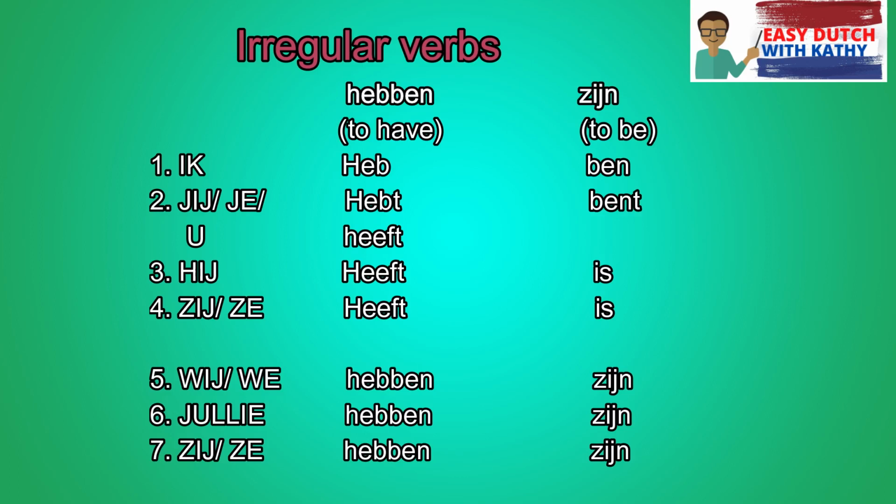Ik heb. Jij, je hebt. U heeft. Zij, hij heeft. Wij, jullie, zij hebben. Second verb, zijn, to be. Ik ben. Jij, je, u bent. Hij, zij is. Wij, jullie, zij zijn.